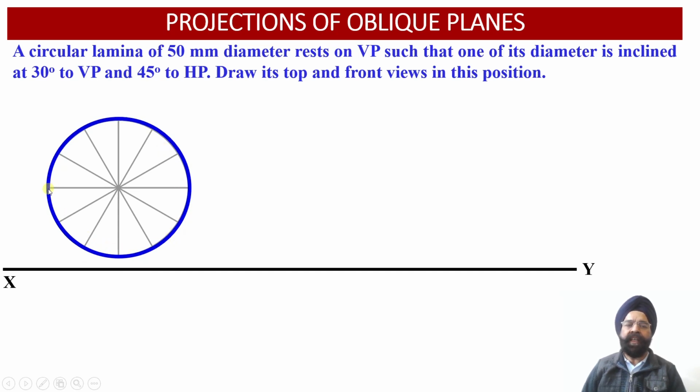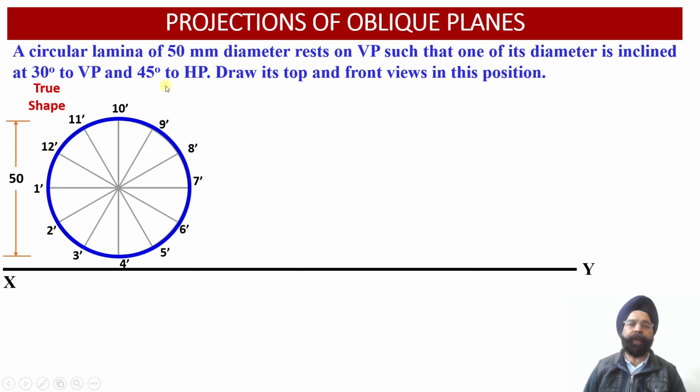So the front view projection will be a circular projection having a diameter equal to 50 millimeter. And whatever front view projection we are able to obtain, now we have to divide this circular projection in the front view into 12 equal parts, and each segment will be equal to 30 degree.